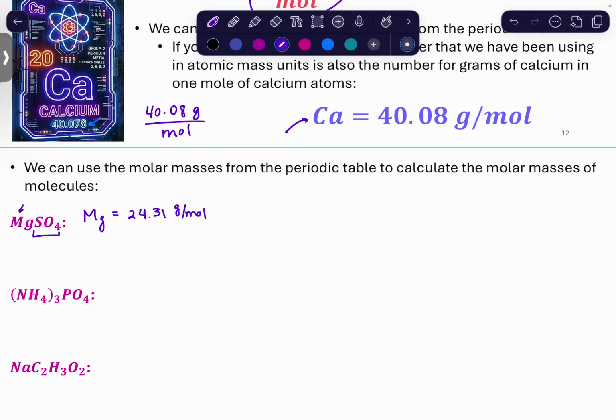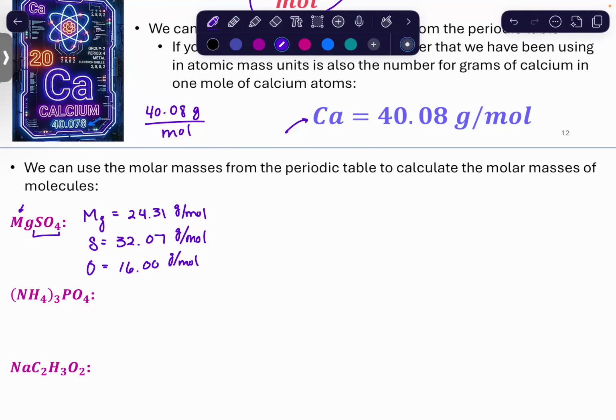Okay, so I look at the periodic table, and of course, sulfur is going to be 32.07 grams per mole. And oxygen, we're going to round it to 16 grams per mole.